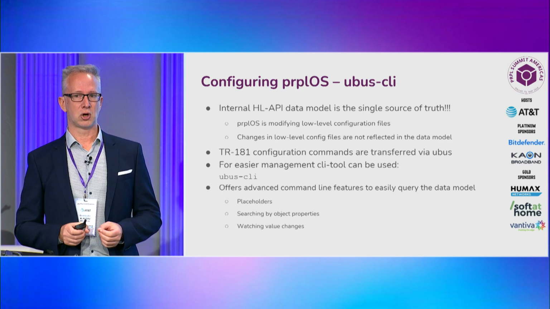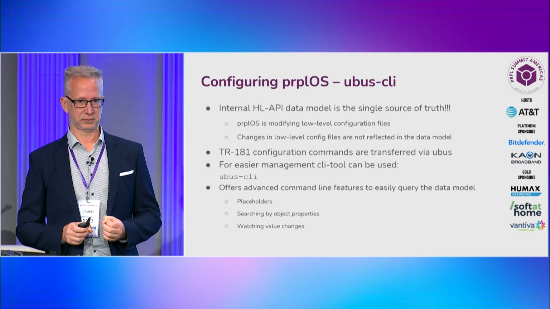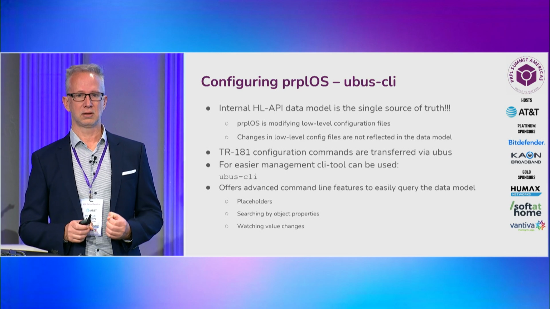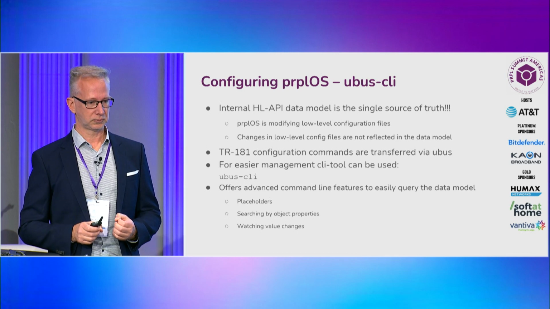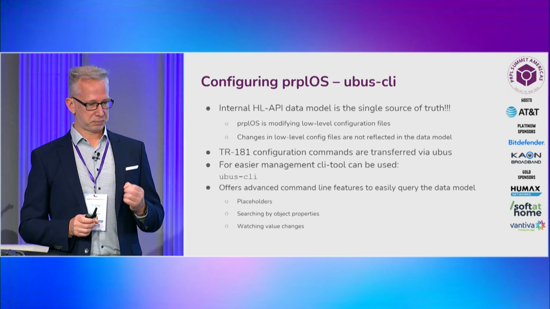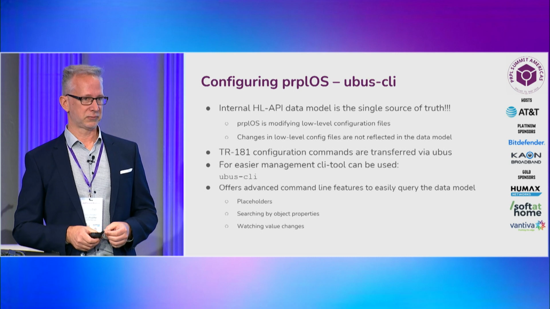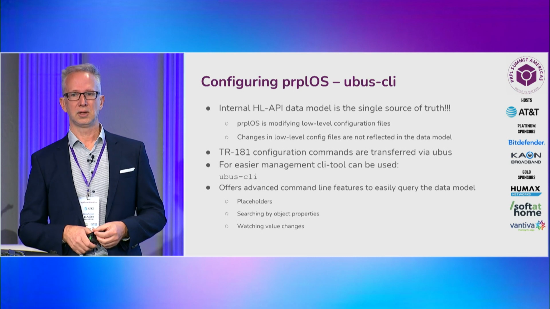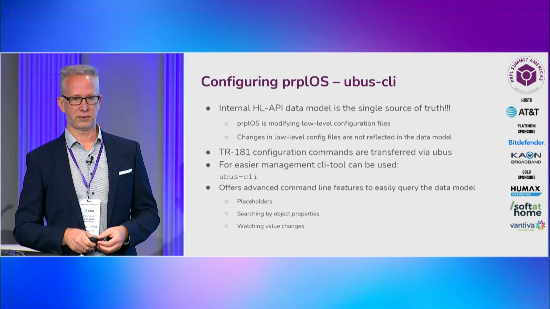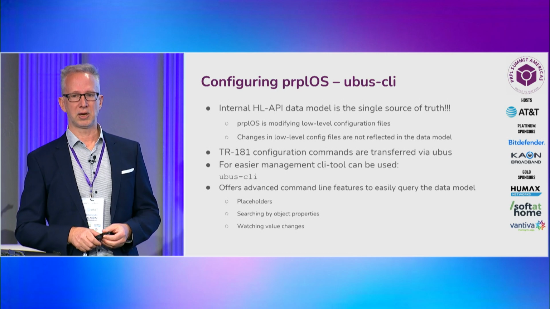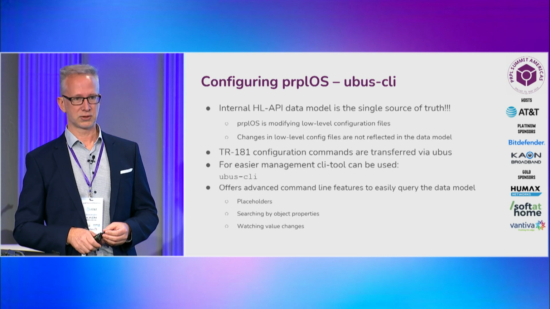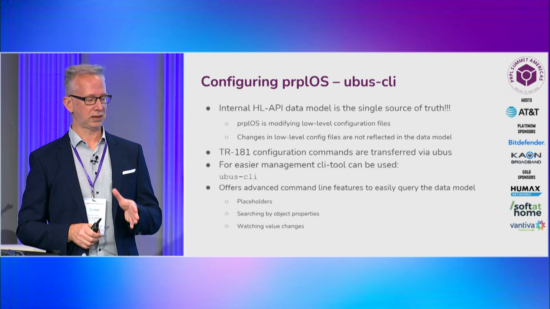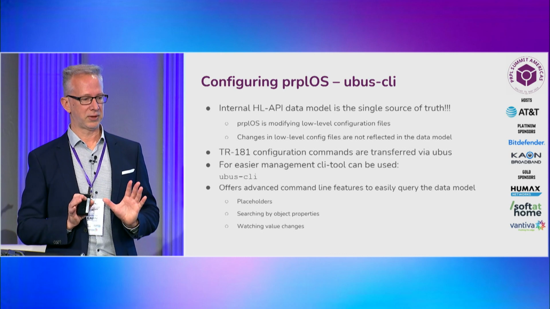This data model is the single source of truth, so all configurations of the box are done via this data model. This is especially important since some developers who are familiar with OpenWRT tend to configure lower-level configuration files, but those are going to be overwritten. This is the approach prpl is taking, so please keep that in mind.